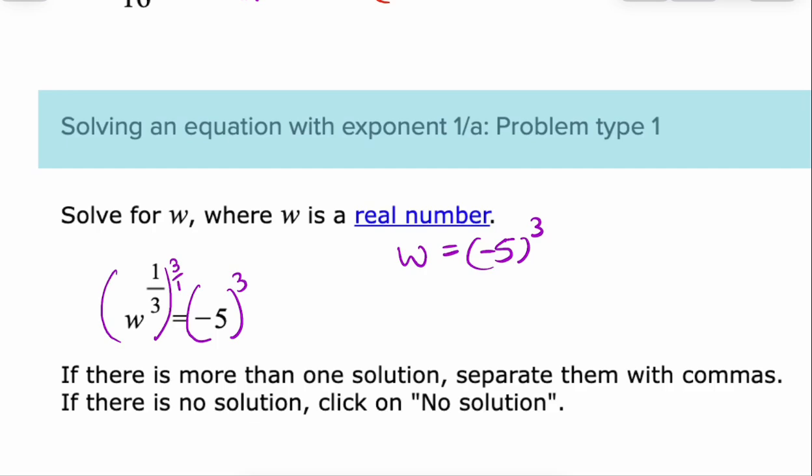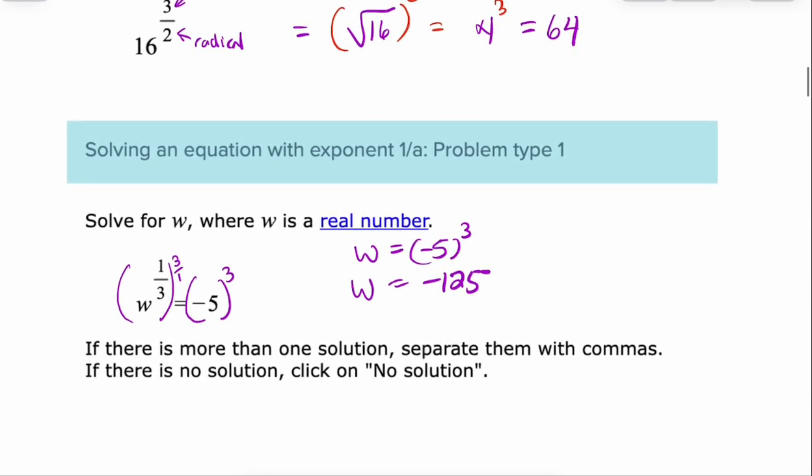Now, you don't have to be quite as careful when calculating or checking a radical that has an odd index, because they just work so nice. -5 times -5 times -5 is -125. But let's just take a moment and do a little check so I can prove to you that it works. If we take that answer to the power of 1/3, their claim is that we're getting a -5.